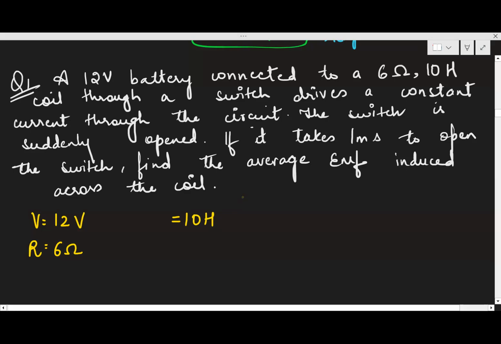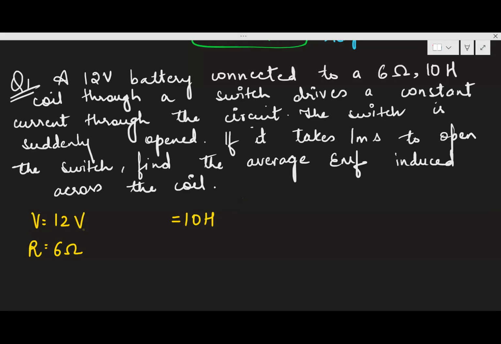Like I told, the voltage is 12 volt, the resistance is 6 ohm. Henry is the unit. With what quantity is this? Do you agree this is the voltage? Yes, ma'am, 12 volt. Yes, ma'am, 6 ohm is the resistance.